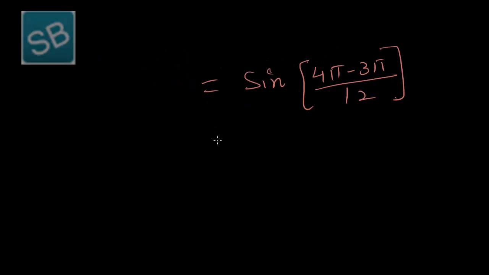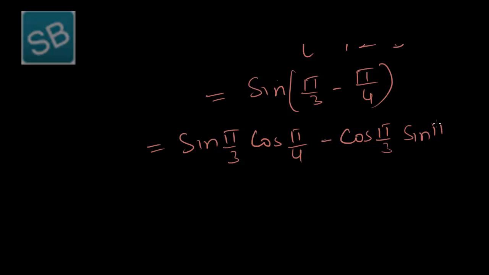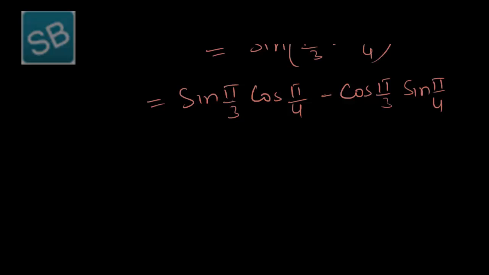So we can also rewrite it as sine of (pi over 3 minus pi over 4), that is sine (A minus B). So it becomes sine A cos B minus cos A sine B. By substituting the values of sine pi by 3, sine pi by 4, cos pi by 3, cos pi by 4, we get root 3 by 2 into 1 by root 2 minus 1 by root 2 into 1 by 2.